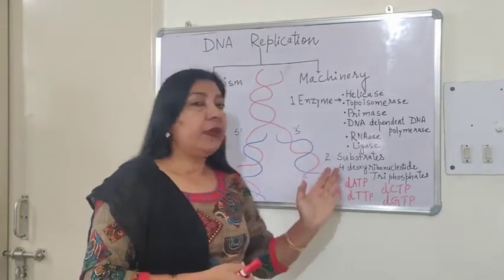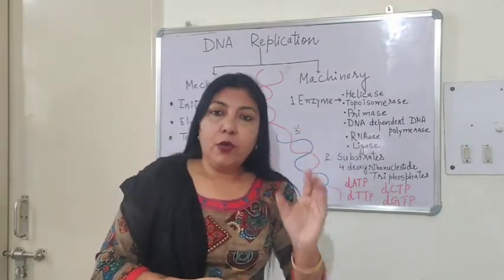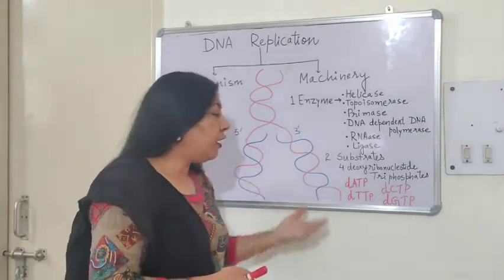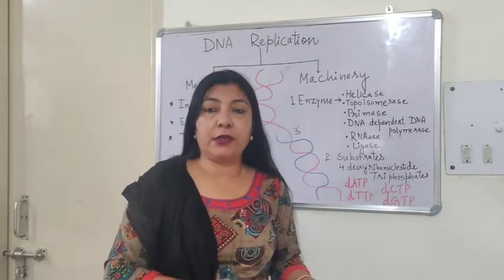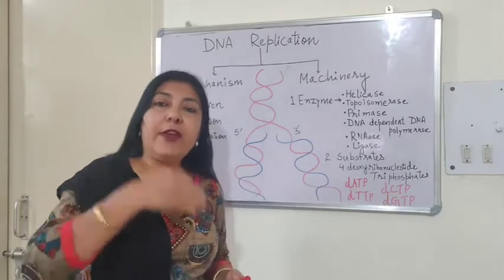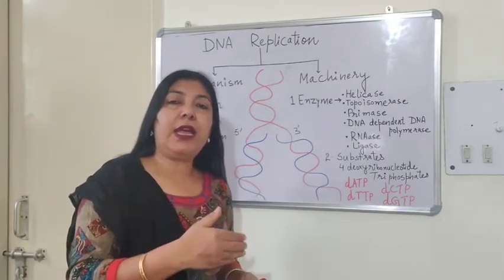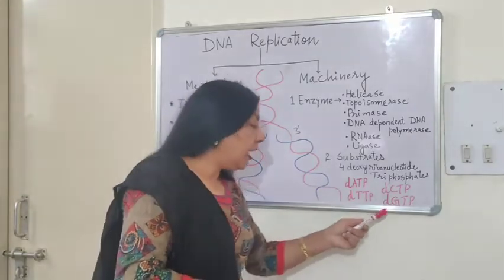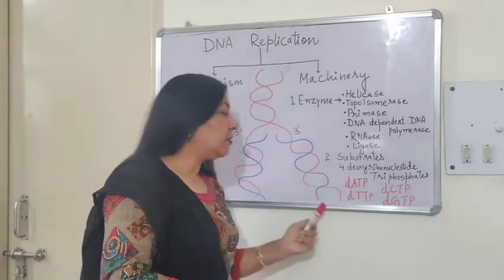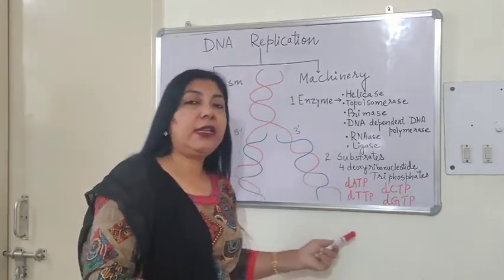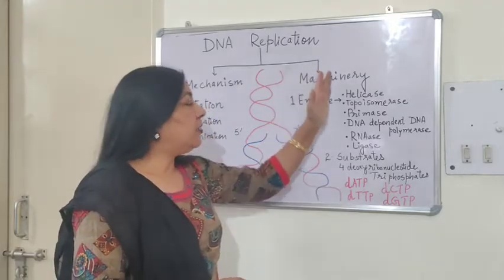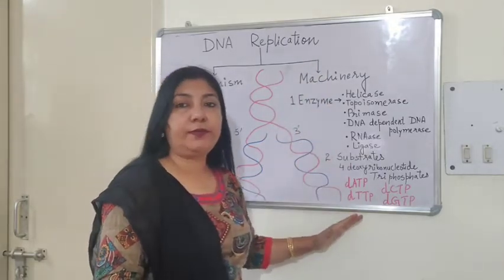Generally there are mononucleotides, which are converted into triphosphates when they react with adenosine triphosphate, ATP. So these act as energy currencies as well as the raw material. This covers the machinery.